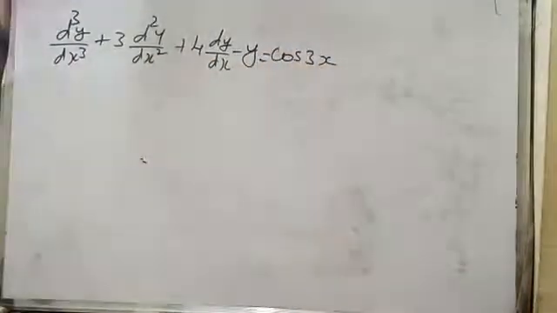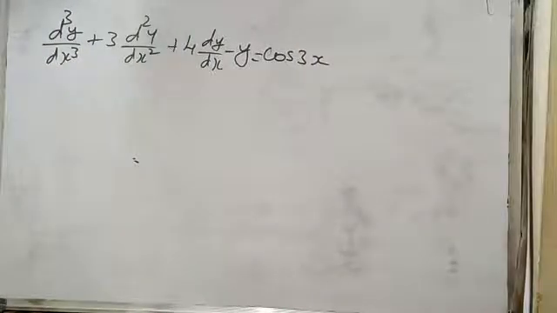Now, this is an equation, right? This is a differential equation, I can say. Now here in this, I will define what the order is and what the degree is.